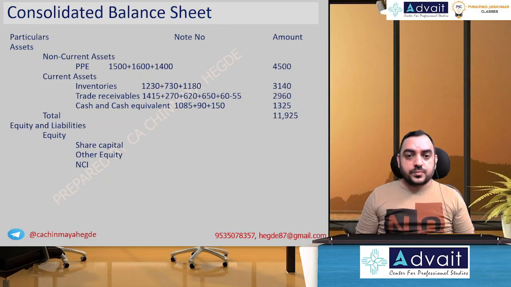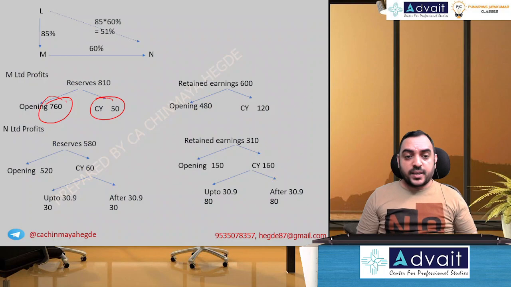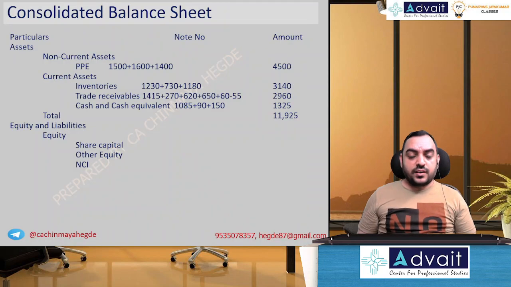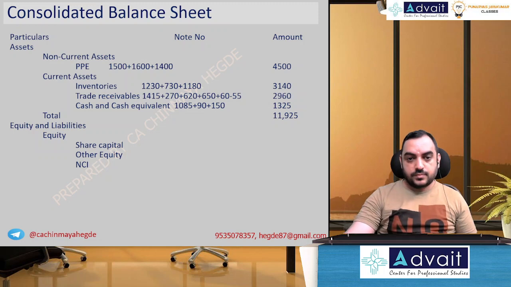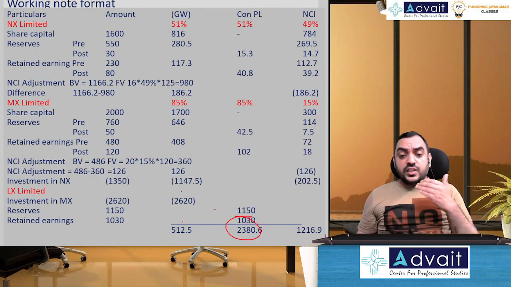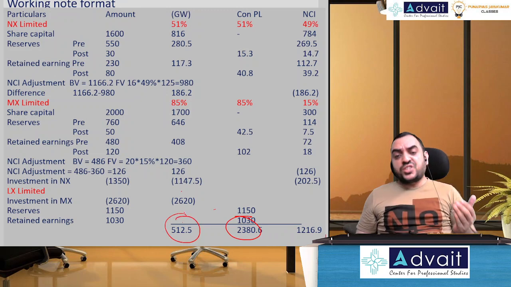Share capital, only holding company share capital. Holding company share capital 3,400. Other equity, as per our working notes, 2380.6 should come. But you see, this 512.5 happened to be a positive number.